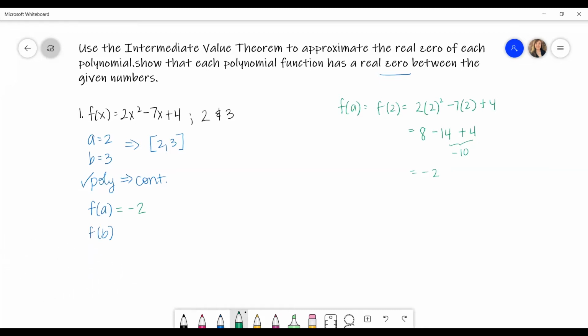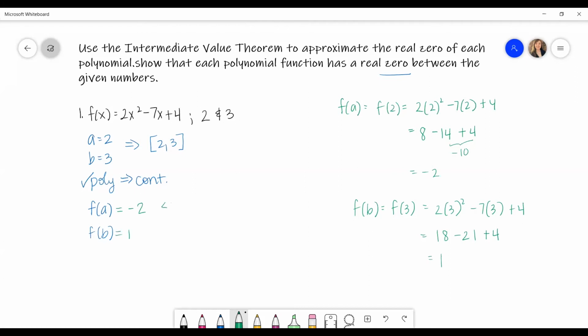Okay, so now we want to find f of b, and for us, b is equal to 3. So you've got 2 times 3 squared minus 7 times 3 plus 4. That's 2 times 9, so 18 minus 21 plus 4. 18 and 4 is 22, so this gives you 1.